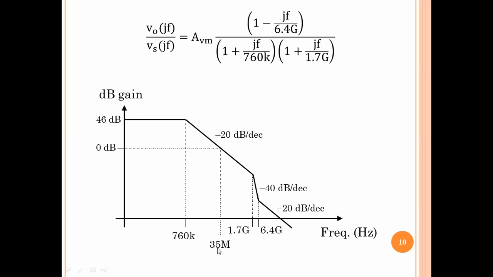For example, you can see that 35 mega divided by 1.7 giga is a factor of about how much? 100, so 350, 3.5, about 50. So this is going to be 1 by 50, and 1 compared to 1 by 50 is much larger, so we ignore the 1 by 50, and similarly this one.